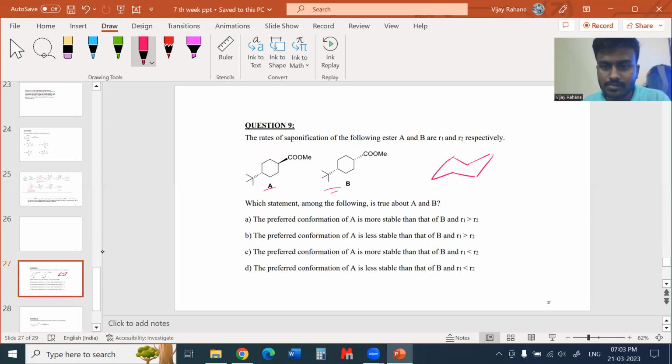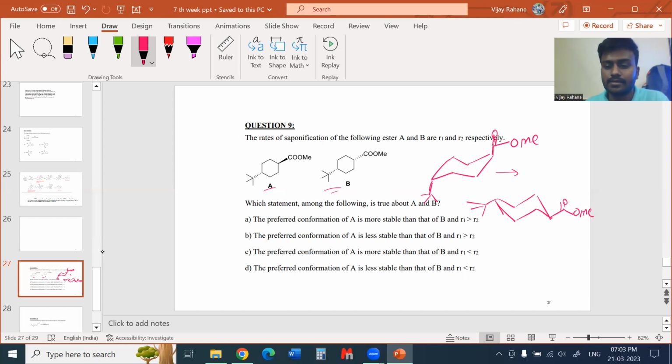This will be the double bond O, OMe, right? If you draw it up, this will be axial, meaning it will be on the lower side. Since this is a bulky group, we need to flip this one.